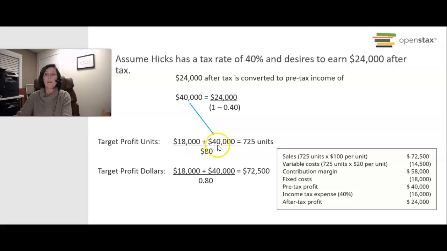We still have our fixed costs plus our pre-tax desired profit, over the contribution margin per unit, and that tells us that we've got to sell 725 units to not only cover our fixed costs and our variable costs, but our income tax, and walk away with $24,000 in the end. And similarly, to convert that to dollars, we have to earn $72,500 in sales in order to achieve that desired after-tax profit of $24,000.